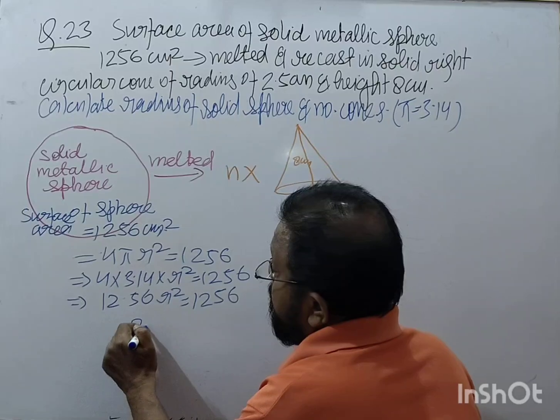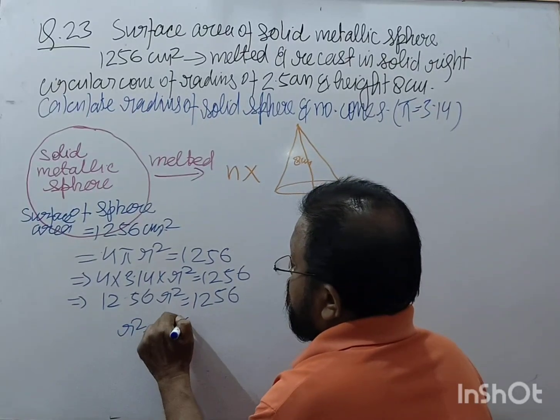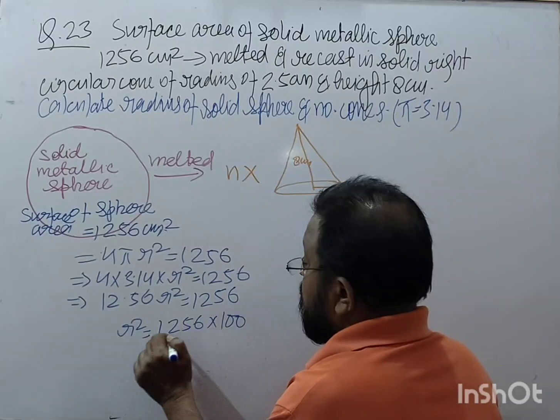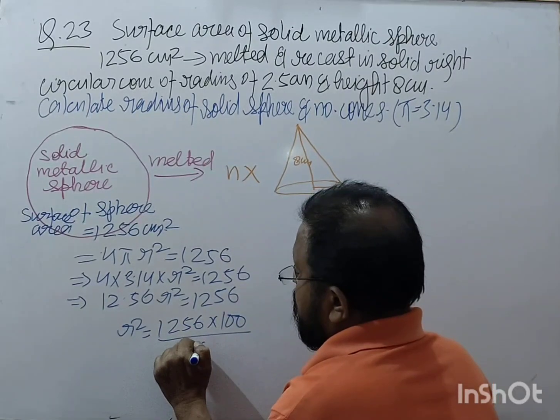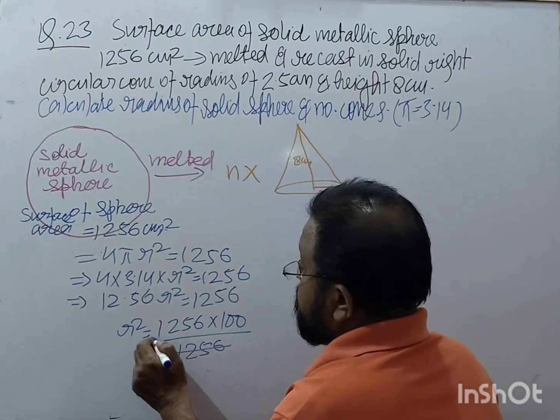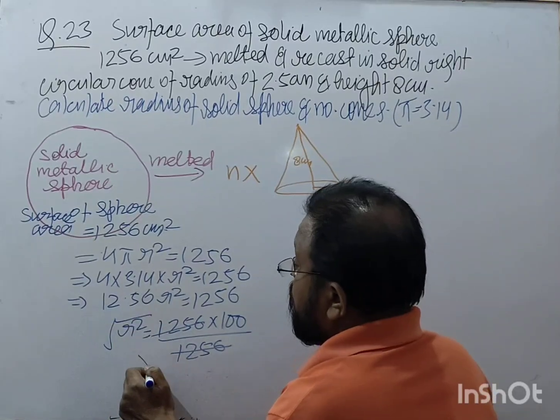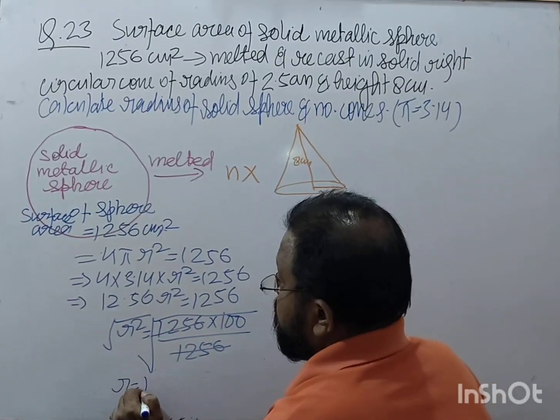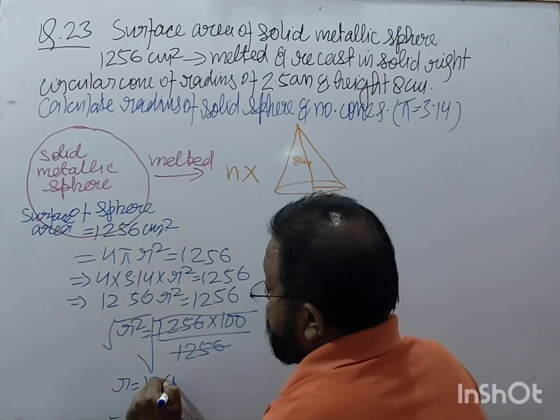So r square is equal to 1256 into 100 upon 1256. This cancels out, taking root over, so r is equal to 10 centimeter.